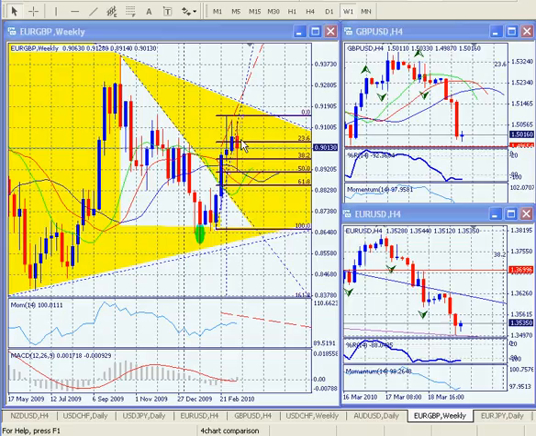But it would take some time, probably within the next couple of weeks, to see whether it can still make an attempt, as we have figured that 0.9223 would be the target level.